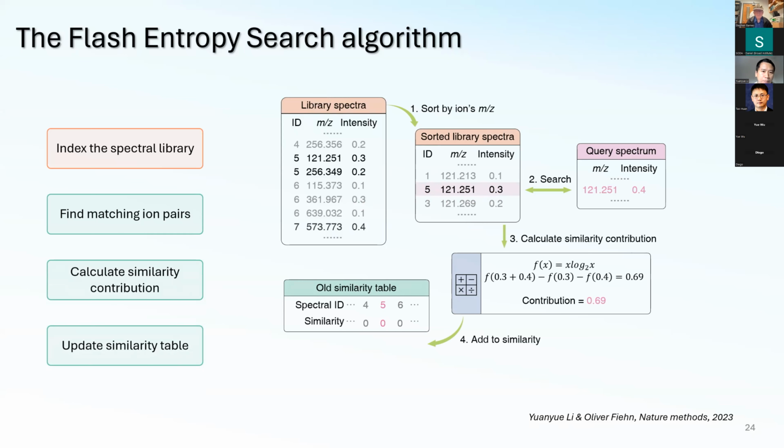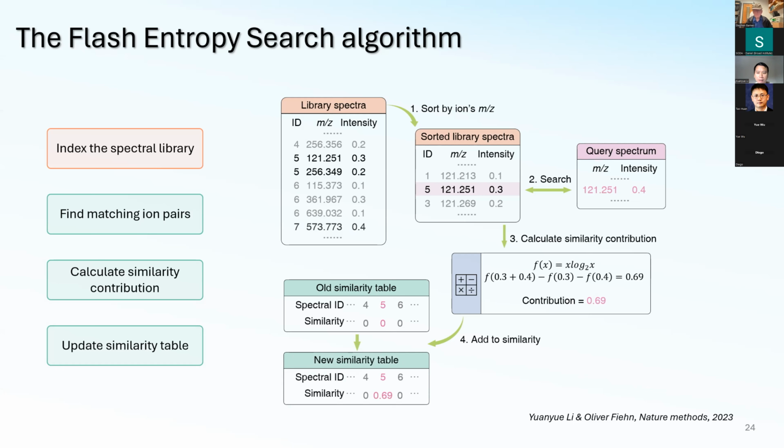Before we do the flash entropy search, we suppose every spectrum in the library has 0 entropy similarity against your unknown spectrum. Then let's say you find a match: library spectrum number 5 has a peak matched with the query spectrum, and the spectrum similarity contribution is 0.69.